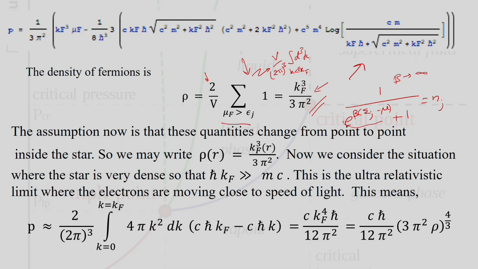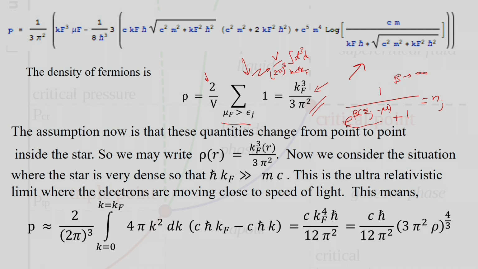I have assumed that the fermions have spin half. For up spin I have to count the states, and for down spin also I have to count the states. So, I get a factor of 2 there. So, this is valid for spin half fermions, that means 2 spin projections up and down, and in 3 dimensions. It does not matter whether it is relativistic, non-relativistic or whatever.